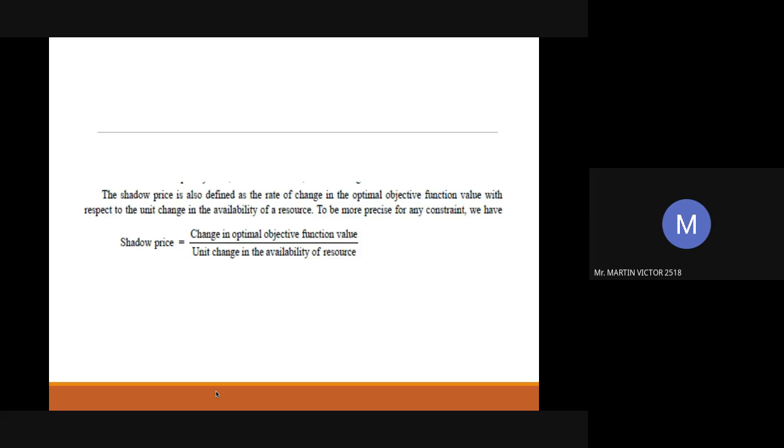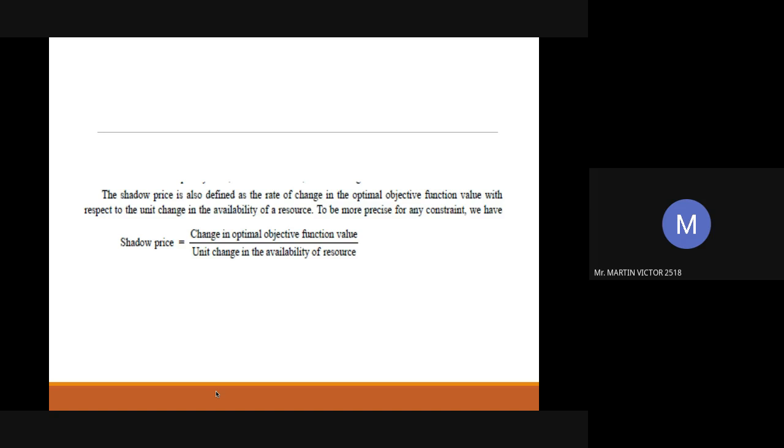Here there is one small statement given. Maybe you can take note of it. A shadow price has been given as a definition: it is the rate of change in the optimal objective function with respect to a unit change in the availability of a resource.